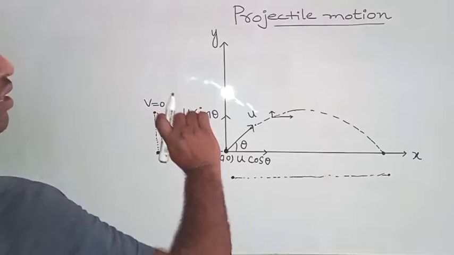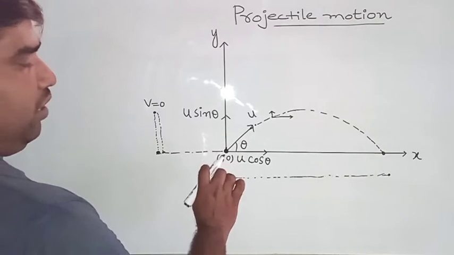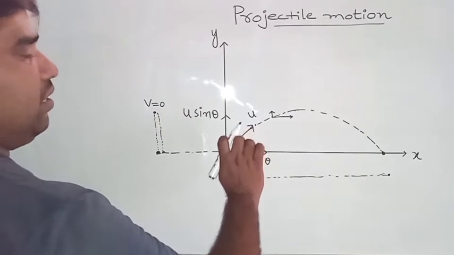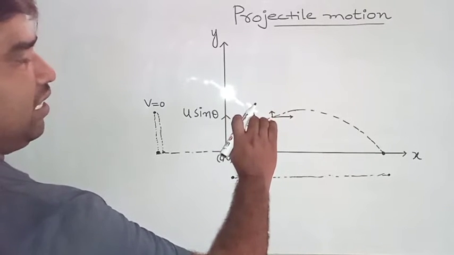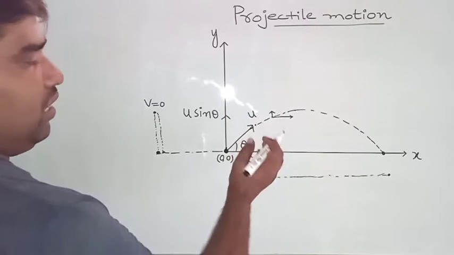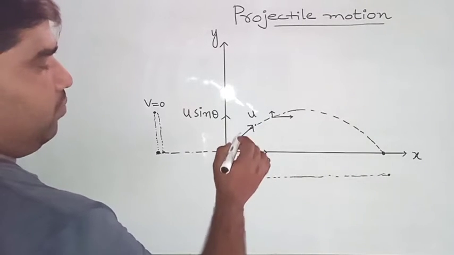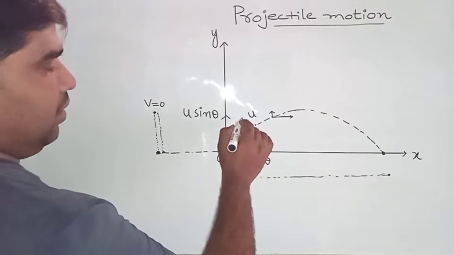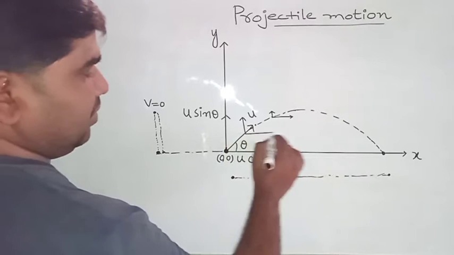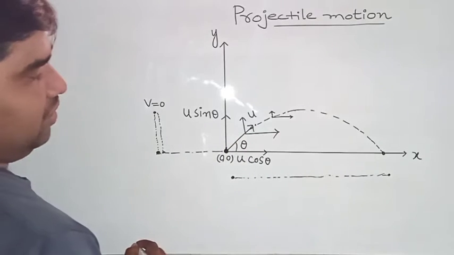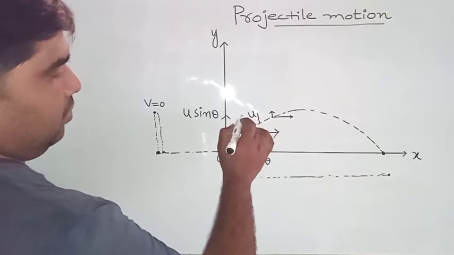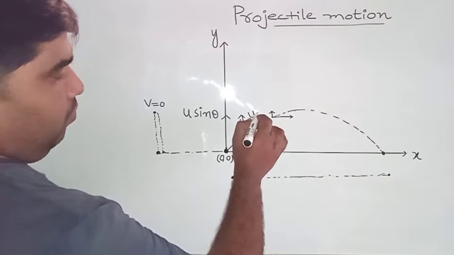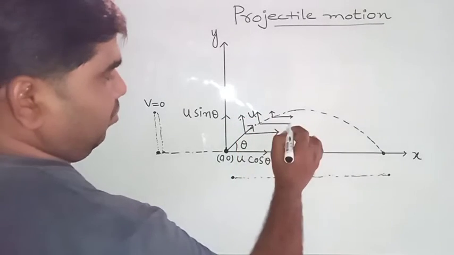Now, when the projected object goes in the upward direction, the vertical velocity is decreasing due to the gravitational pull. Here, you observe, this is the vertical velocity, this is the horizontal velocity. Now here, this is the vertical velocity, this is the horizontal velocity.